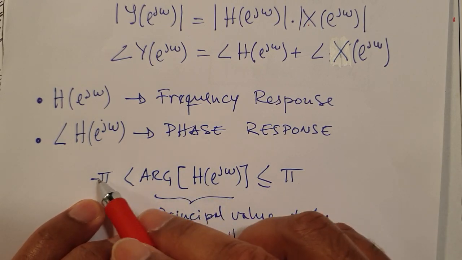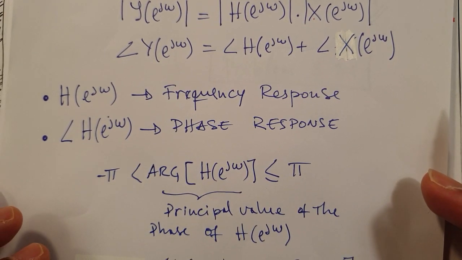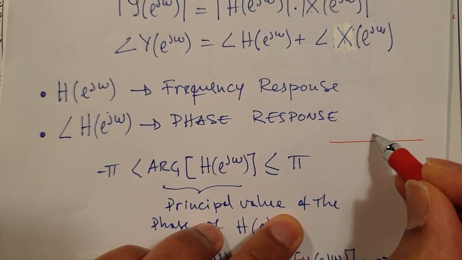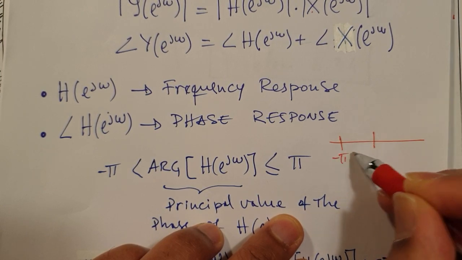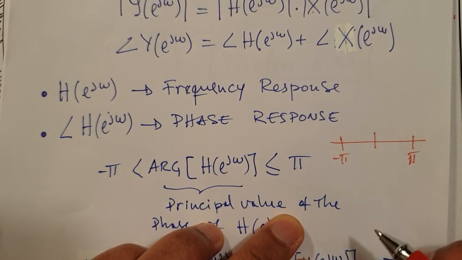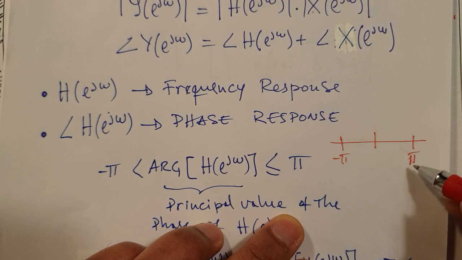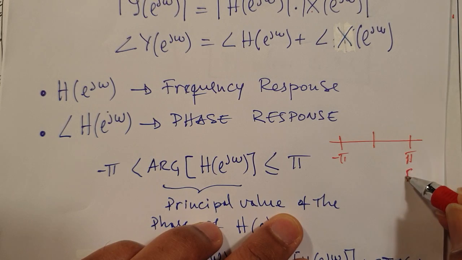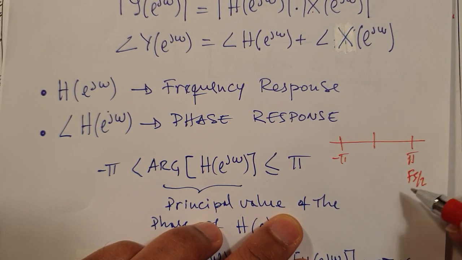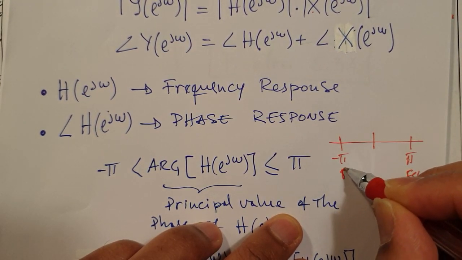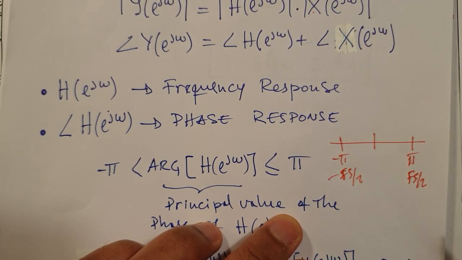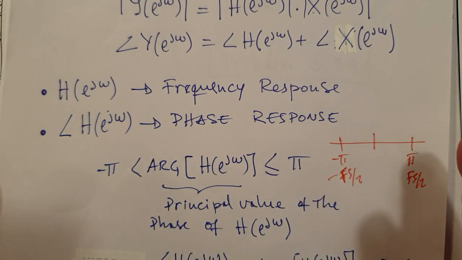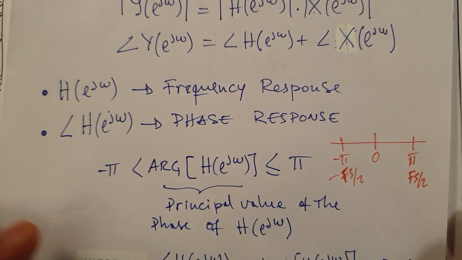It's the one restricted to the interval minus pi to pi, because, as you remember, sometimes we even normalize it to 1 and so on, or this is the sampling frequency divided by 2, many ways to represent this, but usually we work with minus pi to pi. It's very convenient.